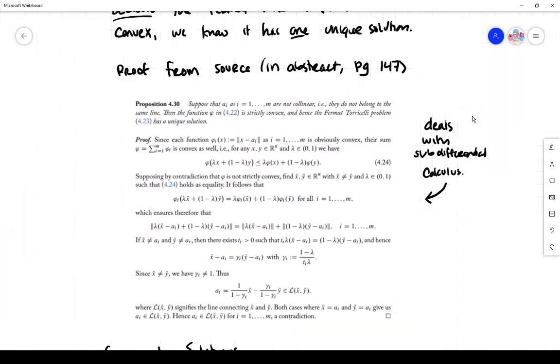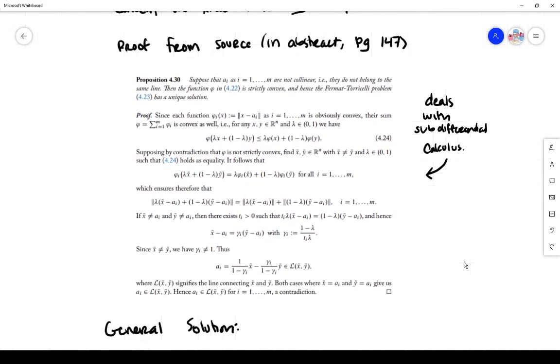The proof, which is from my source right here, is very complex.